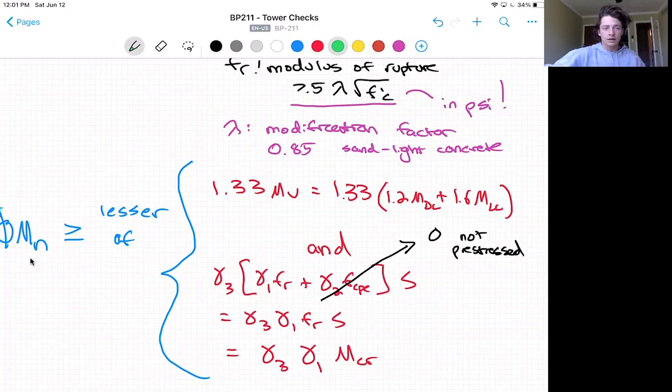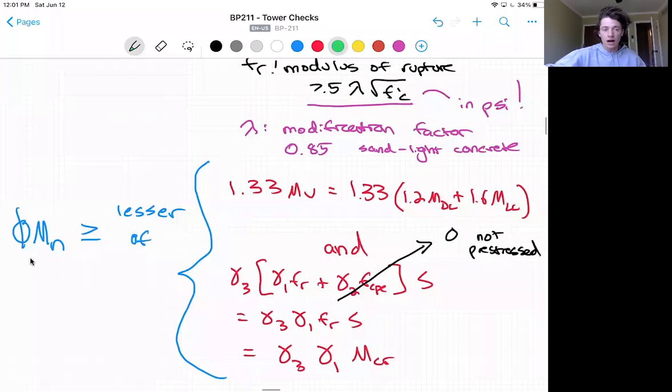To do this, we'll compare the design strength with the lesser of 1.33 times the required strength and the equation below, which is gamma 3 times (gamma 1 fr plus gamma 2 fcpe) times S.